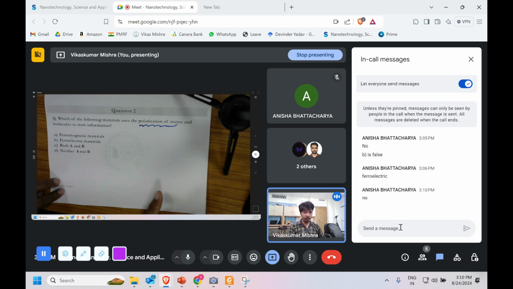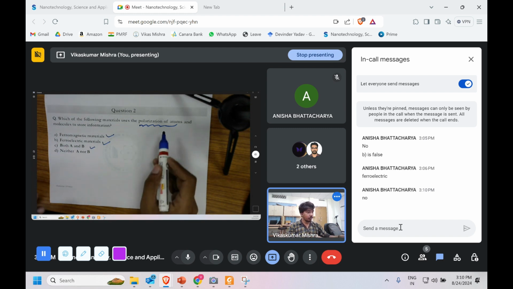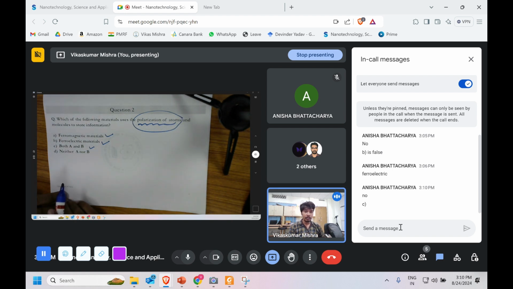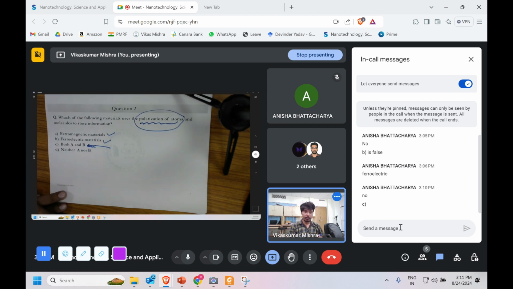From the polarization point of view, whether it's ferromagnetic, ferroelectric, or both of them, or neither of them uses this particular concept of polarization. So Nisa is telling that it's C. What do you guys think? Whether it's both, or ferroelectric, or ferromagnetic?